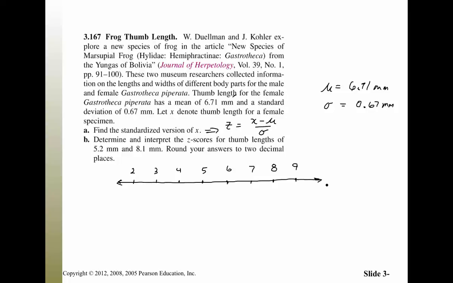Make sure here we got enough. 10. Okay, so I want you to make the ranges, using the population mean and the population standard deviation, so we get a feel for what female frog thumb lengths are like.